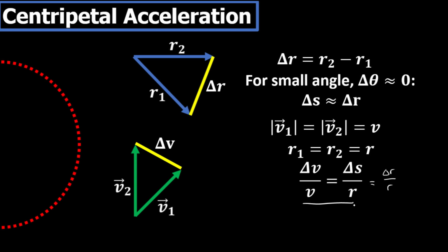We will be working from here in the next slide. We have the ratio delta v over v equals delta s over r.